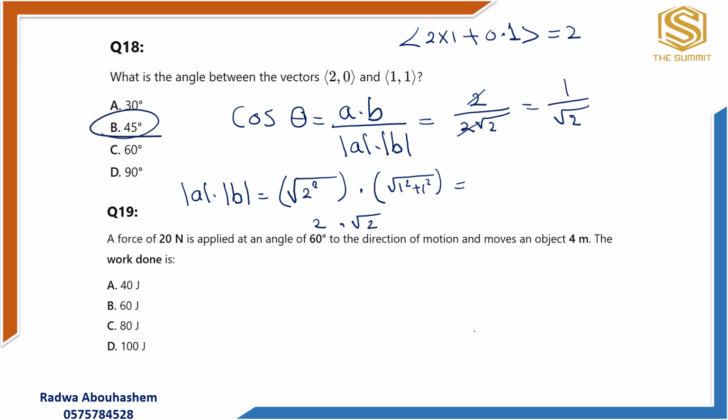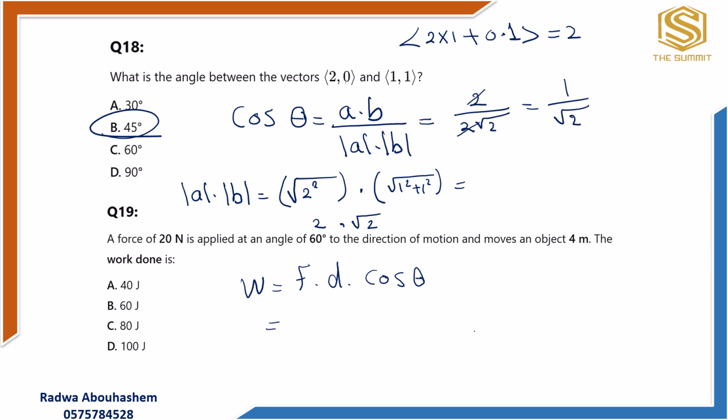A force of 20 Newton is applied at an angle of 60 to the direction of motion and moves an object 4 meters. The work done is... This is one of the applications you have in physics, which is the work. Work equals force times distance times cosine theta, because you are moving with a direction.